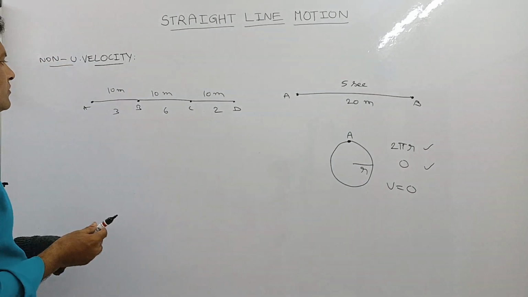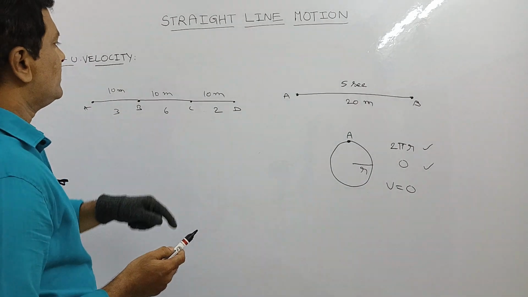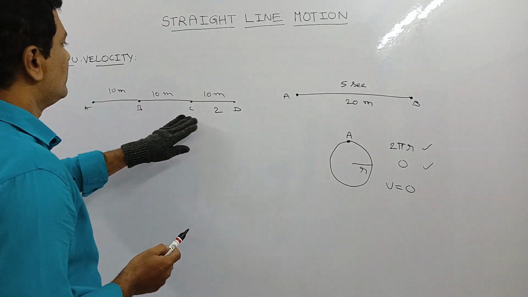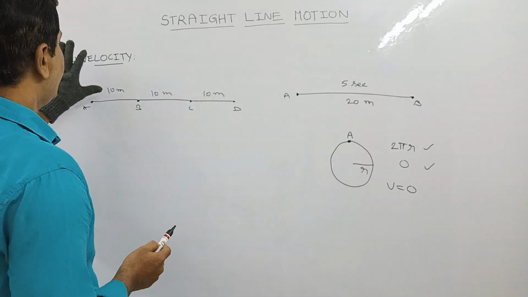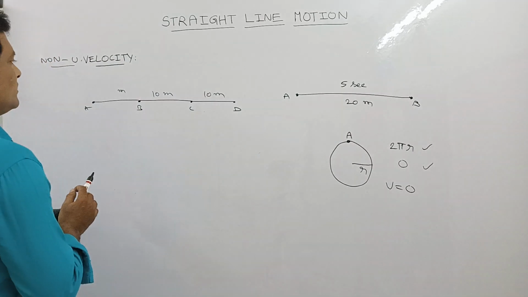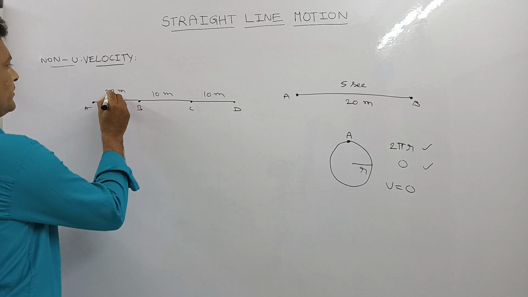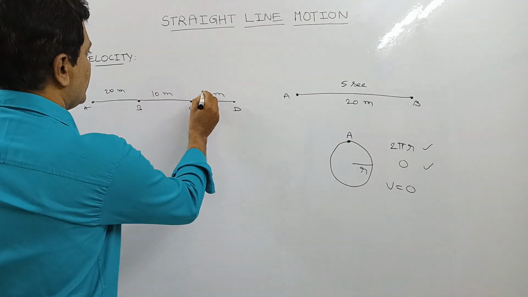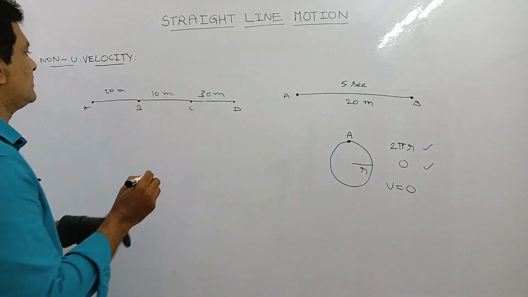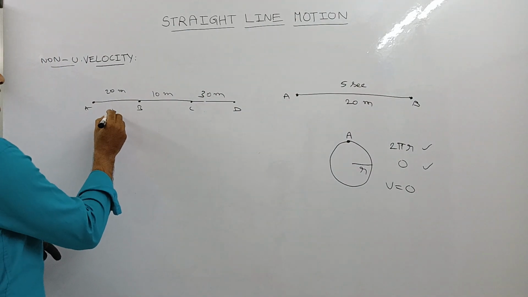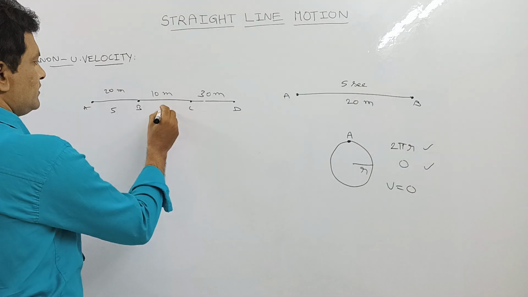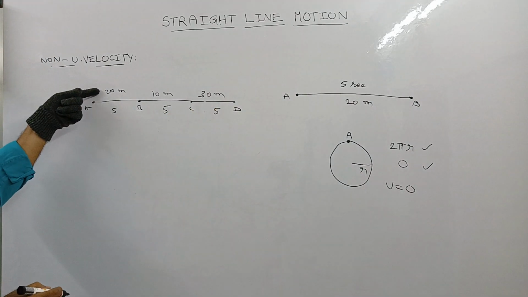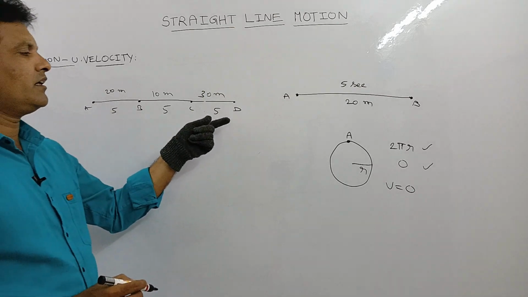And in the reverse also, unequal distances in equal intervals of time. See, unequal distances means suppose this is 20 meters, this is 10 meters, this is 30 meters. Suppose this is covered in 5 seconds, this is also 5 seconds, this is also 5 seconds. Unequal distances covered in equal intervals of time.